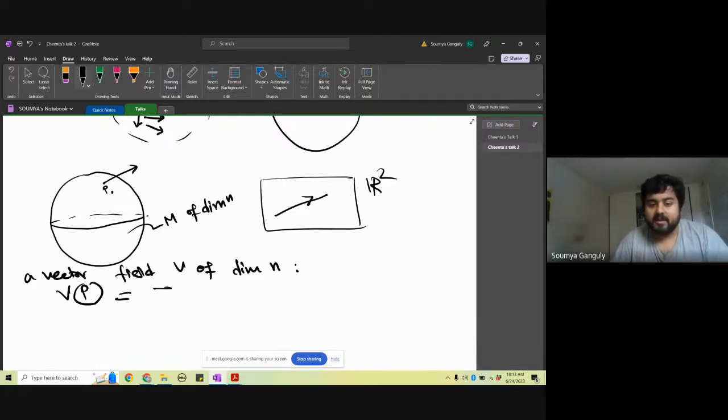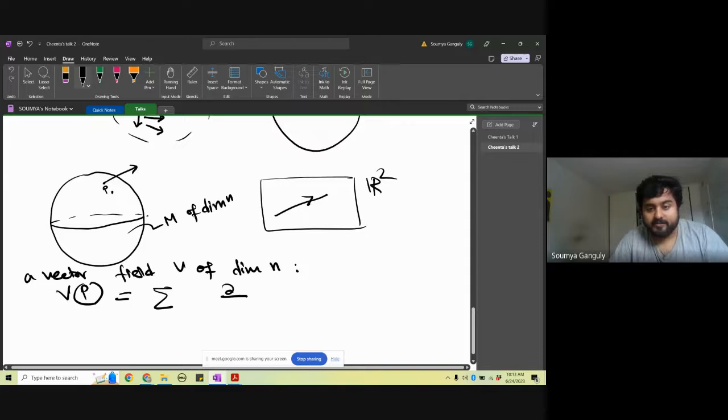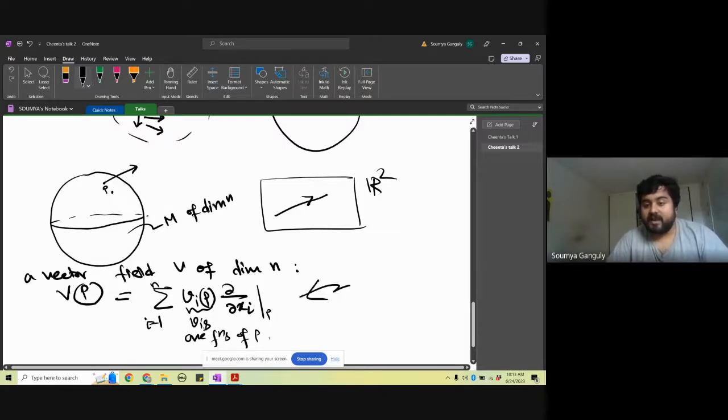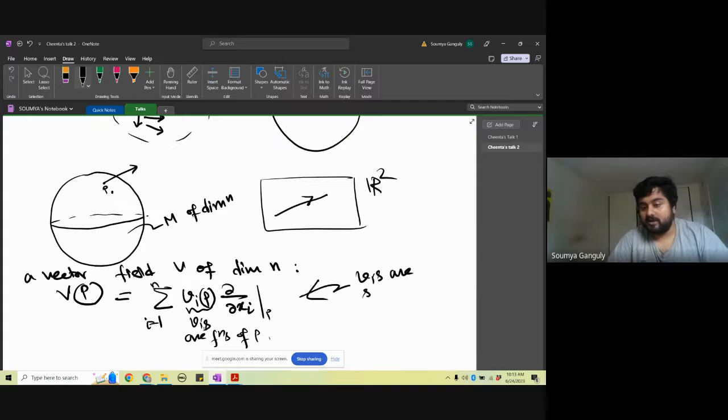Some linear combination of these partial derivatives at the point P. By linear combination, I mean with coefficients, but these Vi are actually not numbers. These Vi are functions of the point P. They are smooth functions. If these Vi are smooth for every P, then V is called a smooth vector field.